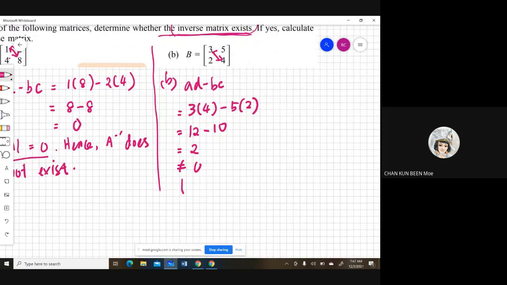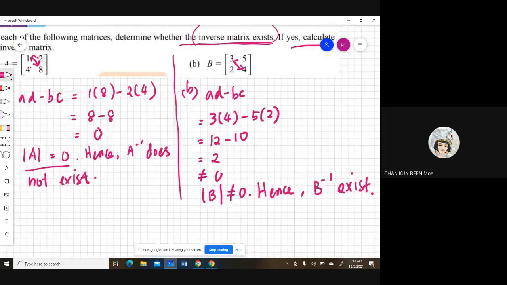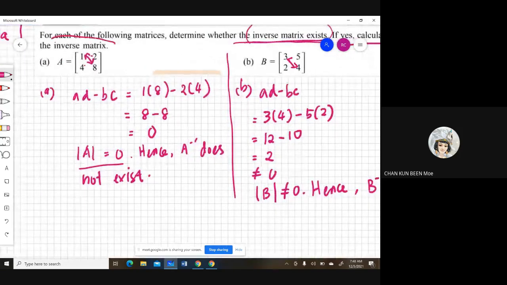So you can write like this. The determinant for matrix B is not equal to 0. Hence, the inverse matrix of matrix B exists. This is how you write it. Now when it exists, they ask you to calculate the inverse matrix.